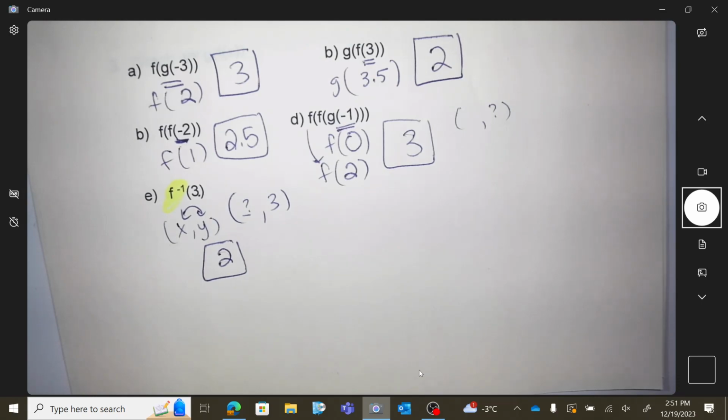But do you understand how to do this concept not on a graph, but on points as well?